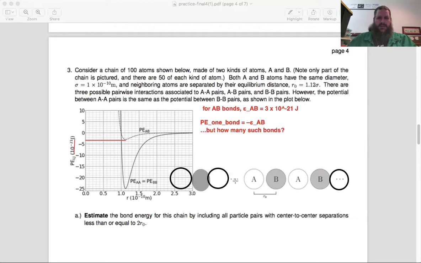So AB, AB, AB, AB, AB. That's 2, 4, 6, 8, 10 atoms. This is still a small enough sample that we can actually count up the bonds. Counting them up, we've got 1, 2, 3, 4, 5, 6, 7, 8, 9 bonds. Anyone want to make a guess as to how many bonds 100 atoms would have?